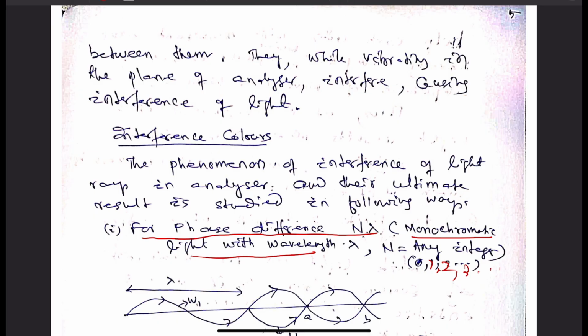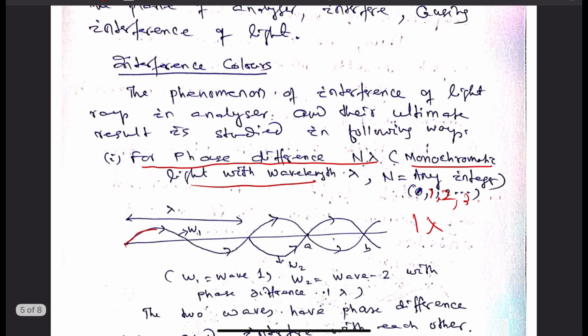So first, let us say the phase difference is 1 wavelength. This is the fast ray, and the second ray or the slow ray is moving like this, and both have a phase difference between them, lambda.